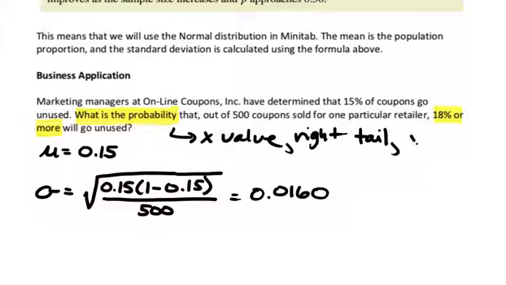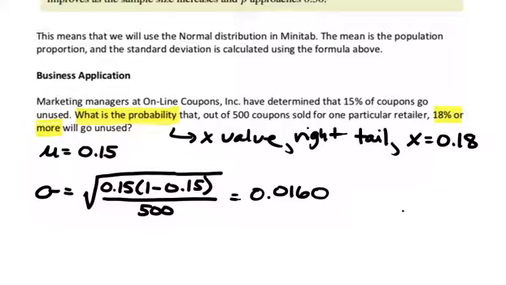And my X is going to equal that 18%. I'm going to need to put that in as a decimal. Just like I also need to put in the mean 15% as a decimal. Now it's a little bit tricky here because when you're doing proportion problems, oftentimes the X value is going to look like a probability because it will be written as a decimal or a percent. But just remember, if the question is asking what is the probability, then you are putting in the X value.